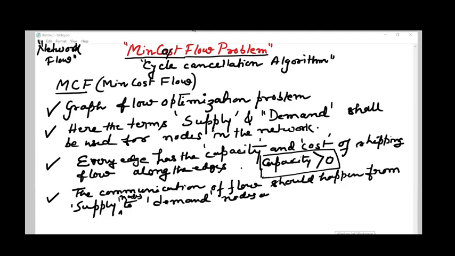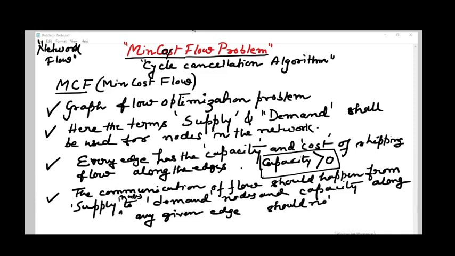And the capacity along any given edge should not be exceeded. Okay, these are a few important points.